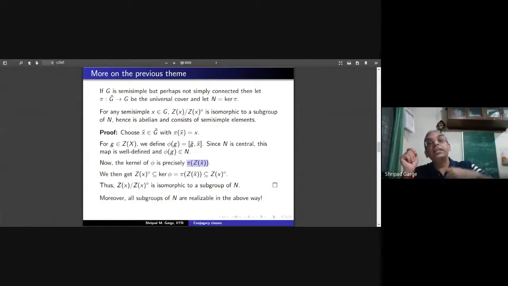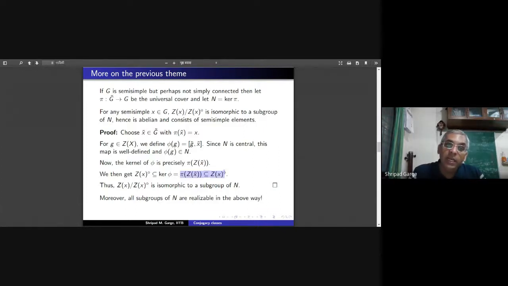Therefore, its centralizer is connected. The image of the centralizer is also connected because it's an image of a connected group. Therefore, this pi of the centralizer of x tilde is contained in the connected component of identity inside Gx. So kernel phi is contained inside Gx naught.